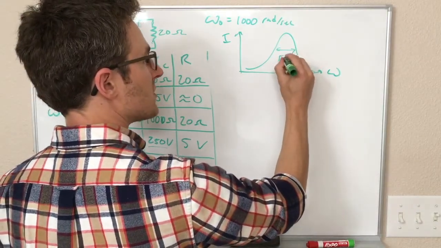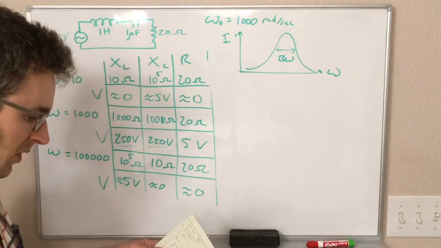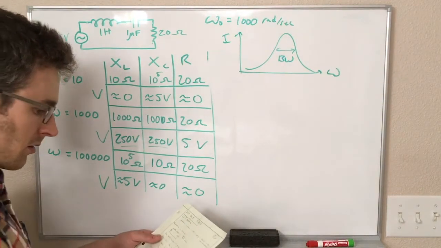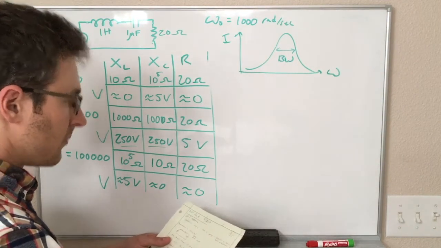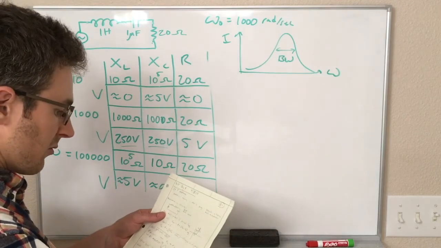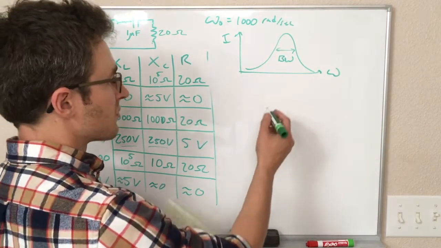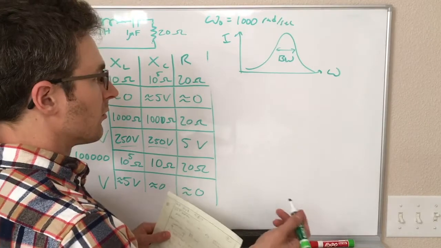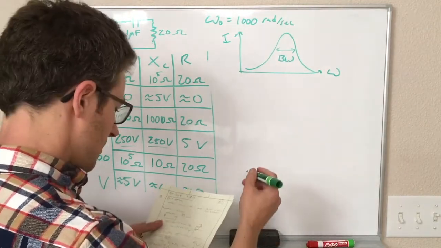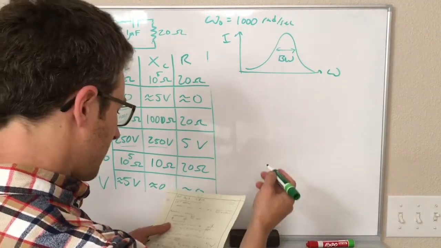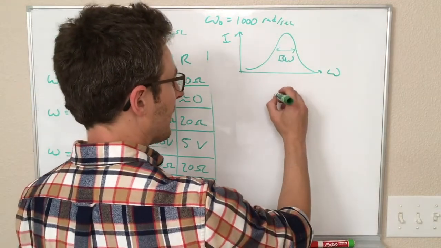And remember, this was the bandwidth, and we can calculate how big that bandwidth is now. In terms of omega, in radians per second, the bandwidth is just equal to R over L. In terms of f, the bandwidth is equal to R over 2 pi L.